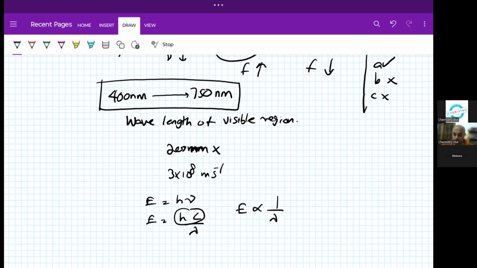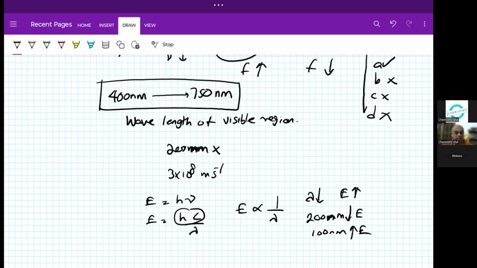So the lower the lambda, the higher the energy. So 200 nanometers has a lower energy and 100 nanometers has a higher energy. As a result, D is a wrong statement. So D is also wrong.